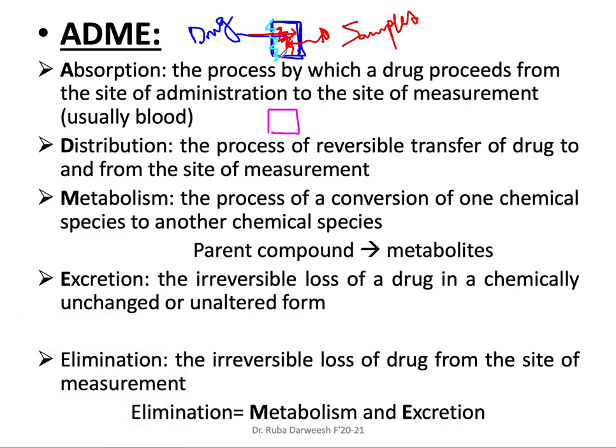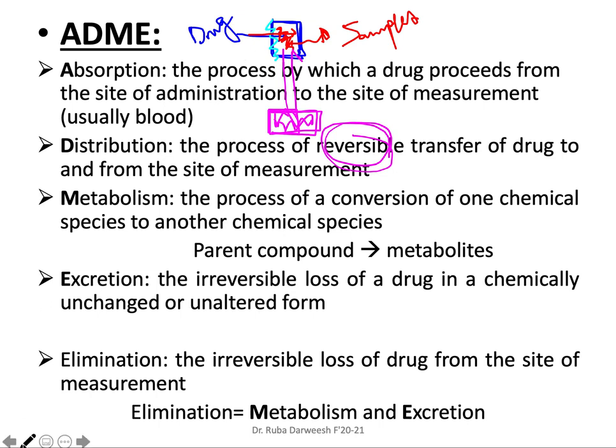If this is the first site that we're talking about, distribution is the reversible, this is very important, reversible transfer of the drug from the site of measurement into other tissues. Let's consider it as other tissues or organs. It could be one, it could be two, it could be different organs. So it's the movement from and into the site of measurement.